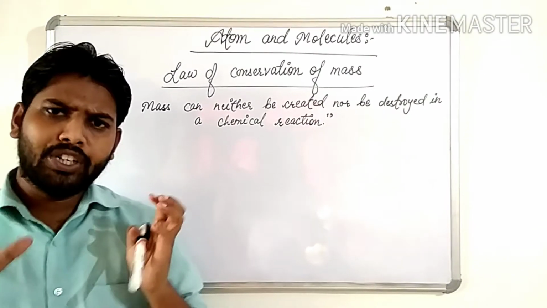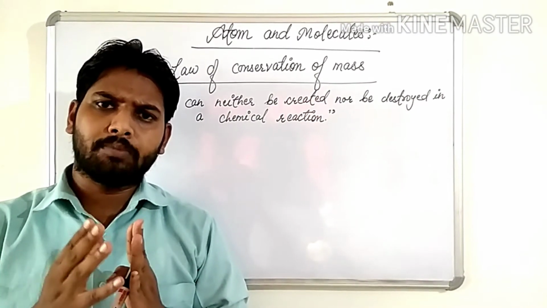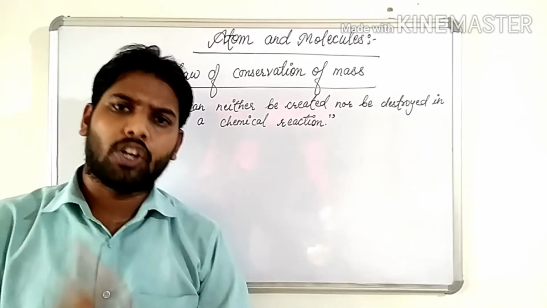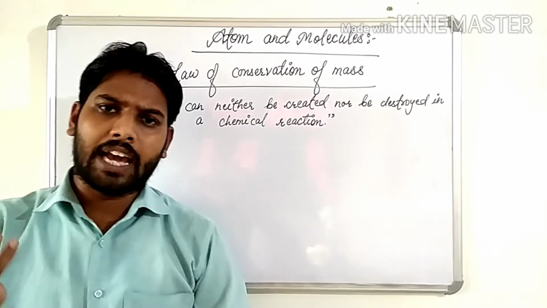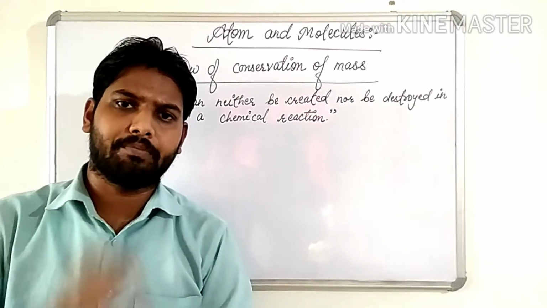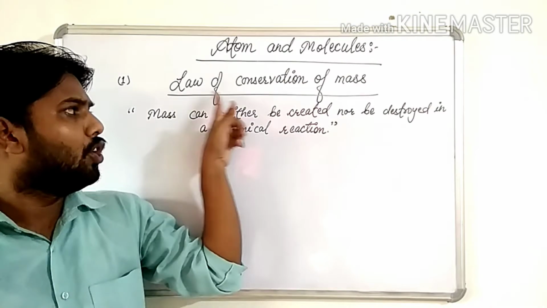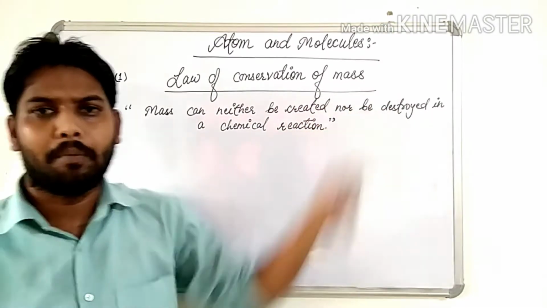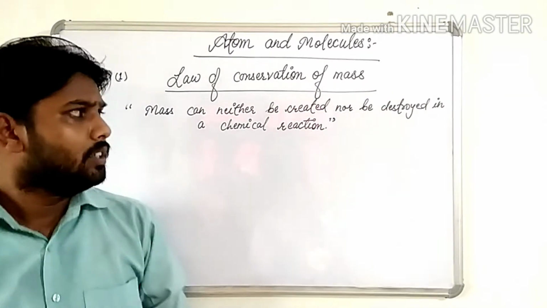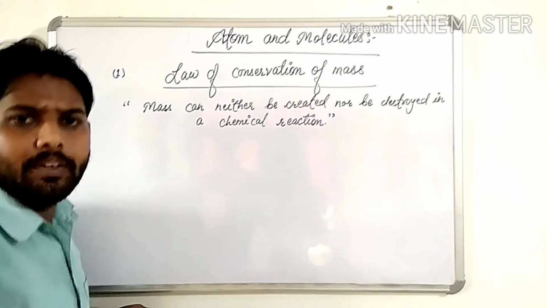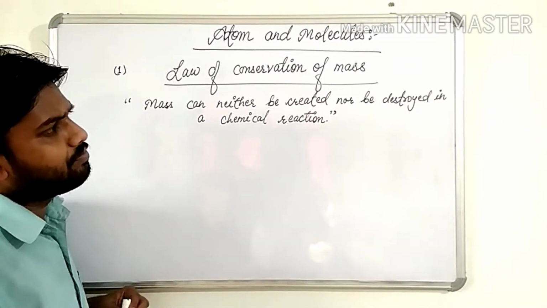The combination between two atoms, three atoms, always follows certain laws. Now, the first law is the law of conservation of mass. See children, this law was given by Antoine Lavoisier.